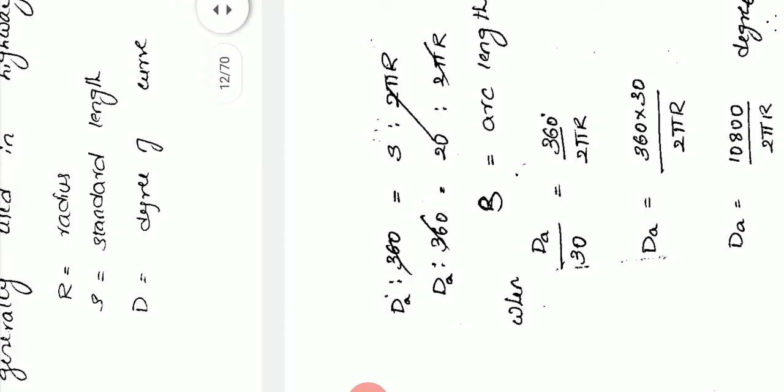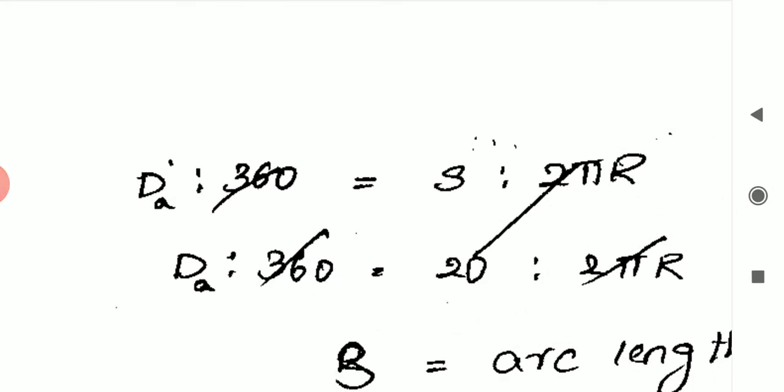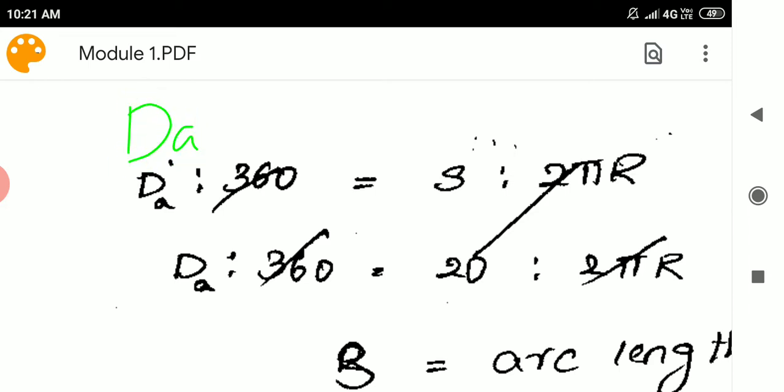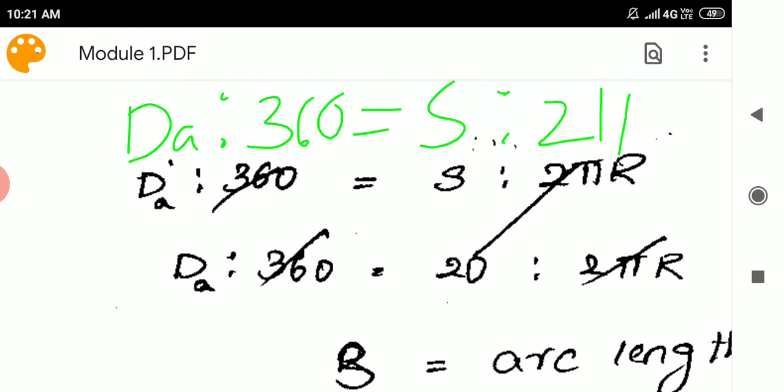So see here, by using this convention, dA is to 360 equal to S, the standard length of arc, is to 2 pi r.